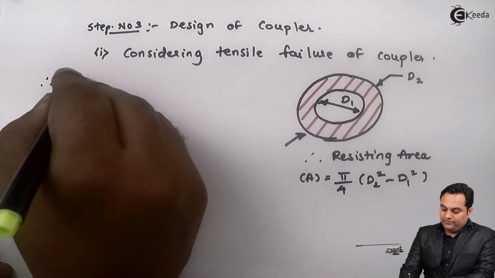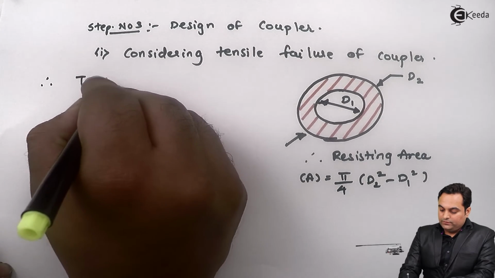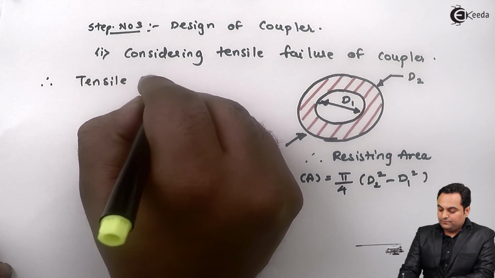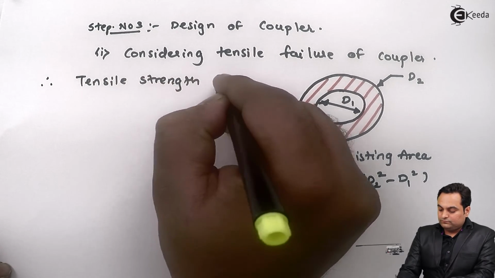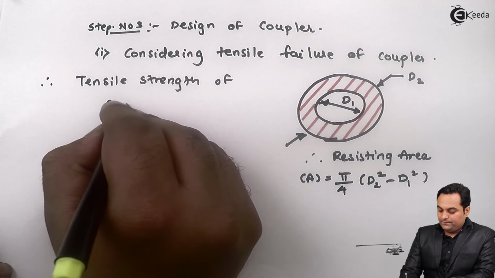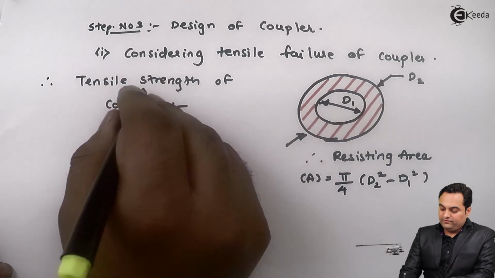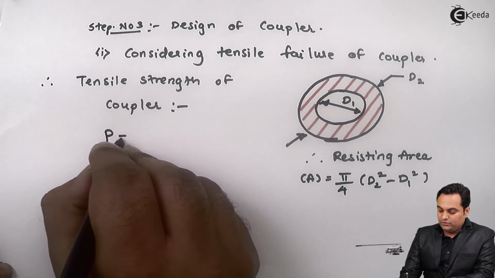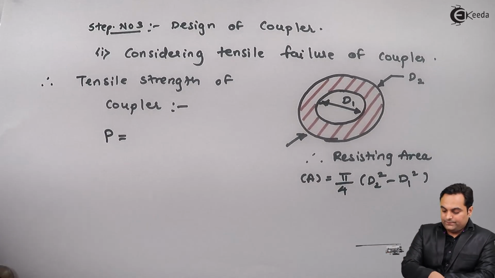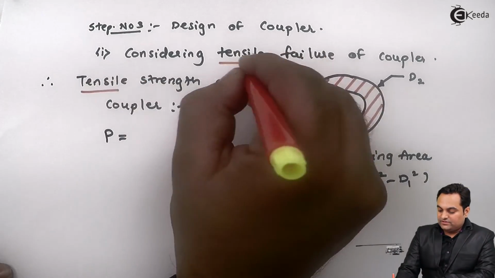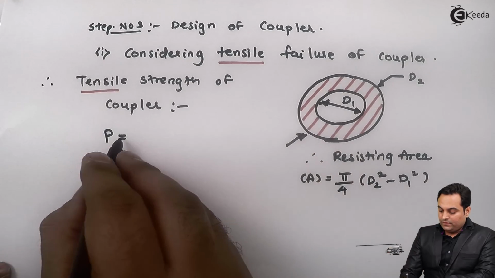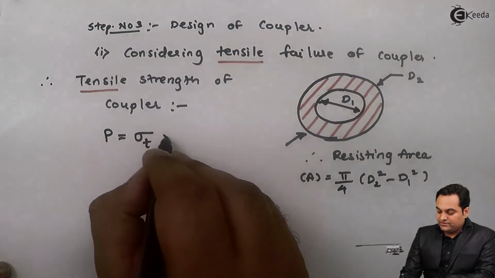So I'll say that therefore tensile strength of coupler will be given by, since we are finding strength, strength means load, and it is tensile strength, so P is equal to tensile stress into area.